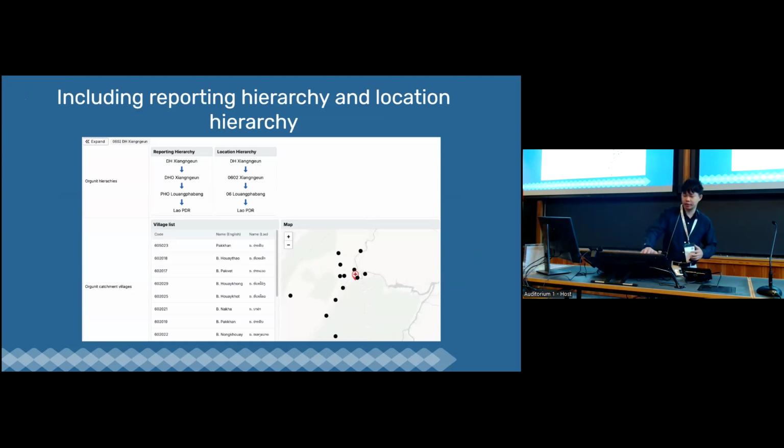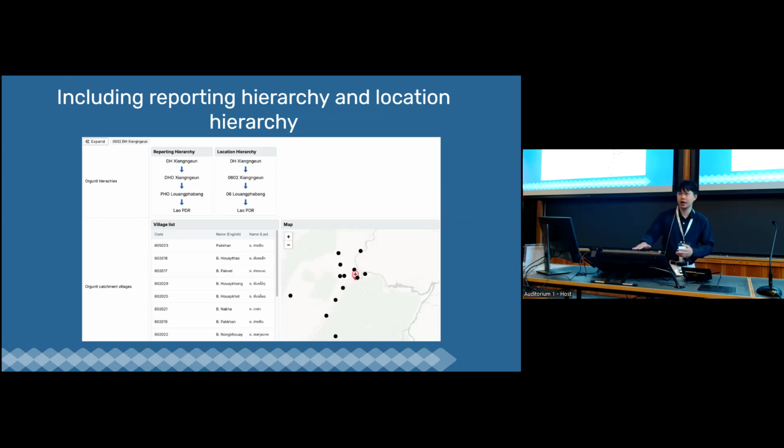This DH, the district hospital, reports to the district health office, which is normally situated next to it. And this district also reports to the provincial office of Luang Prabang, and then it reports to the national level. Because this is a district hospital, you can see the villages within the district in the village list, and there's also a map next to it.